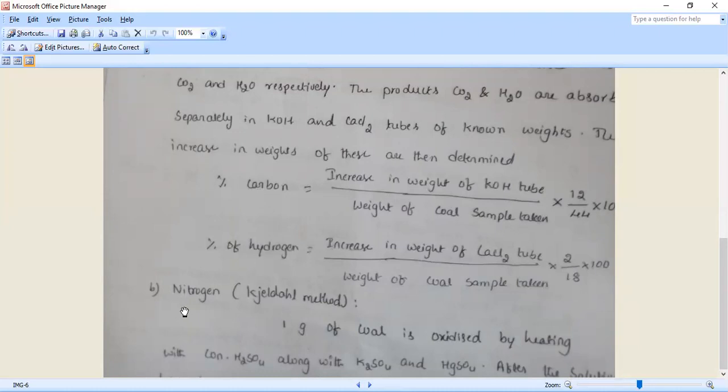Next we go for nitrogen, by the Kjeldahl flask method. That method we discussed in the intermediate second year, so leave it here. 1 gram of coal is oxidized by heating with concentrated H2SO4 along with potassium sulfate and mercury sulfate. After the solution has cleared, it is treated with excess potassium hydroxide and ammonia is liberated.